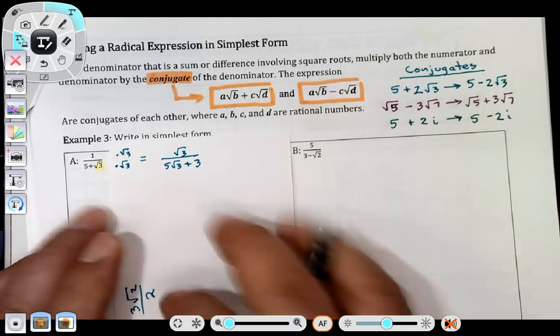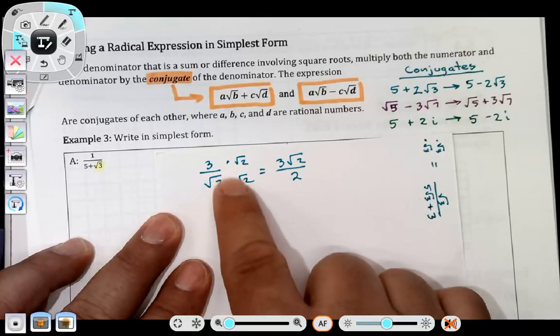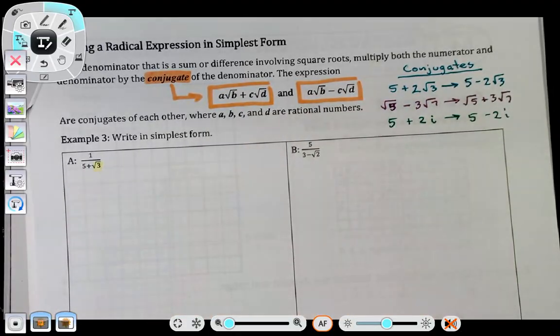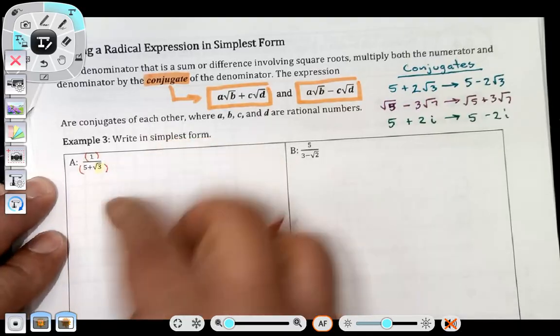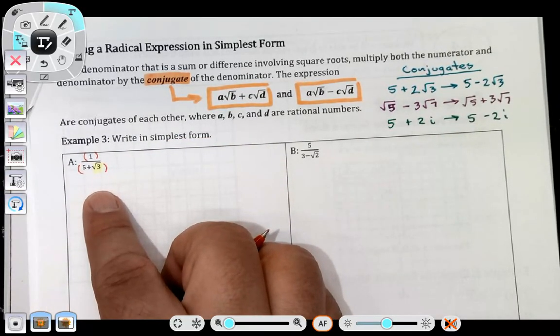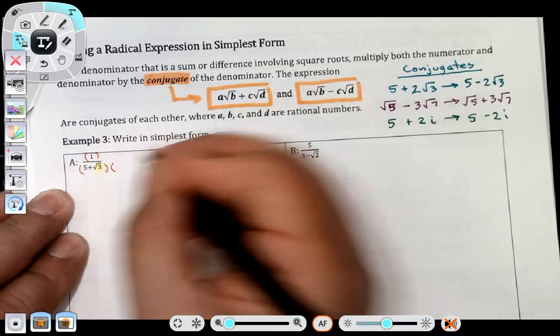And that's why that technique from when we were doing SOHCAHTOA worked nicely. But as soon as you have a plus or a minus, that's when a conjugate kicks in. So I'm going to multiply the top and the bottom, but I need the conjugate of 5 plus radical 3. So then, Jaime, what's the conjugate of 5 plus radical 3?